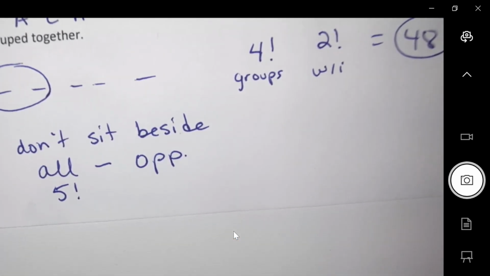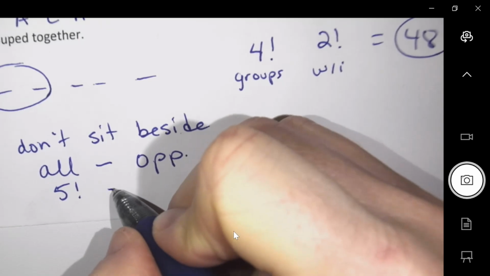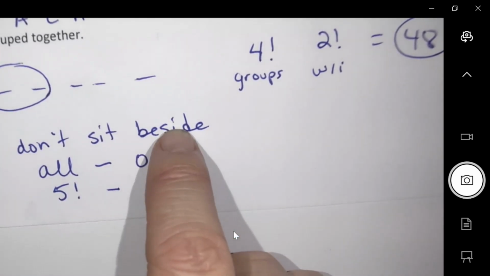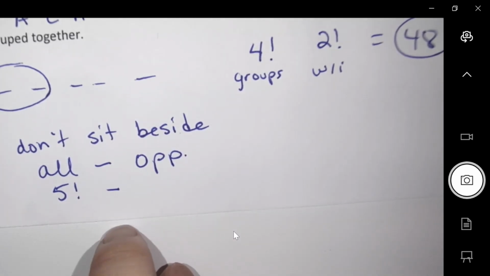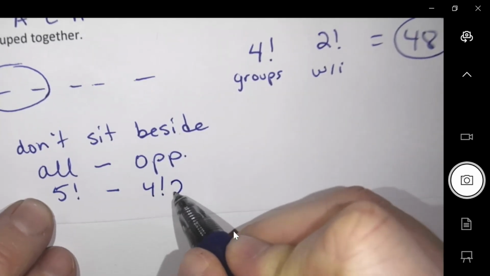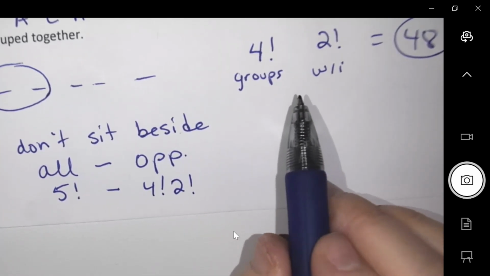5 factorial. With no restrictions, I don't care if they're an adult or a child specifically, I could just move anybody anywhere. So if the adults don't want to sit beside each other, the opposite event is if they sit beside each other, which is what we just did.